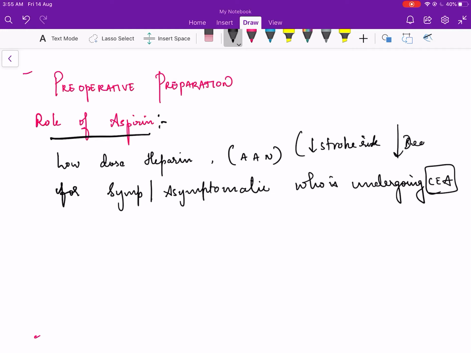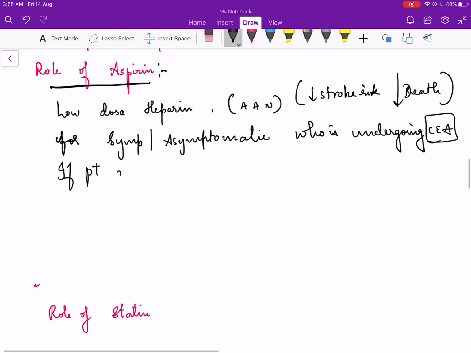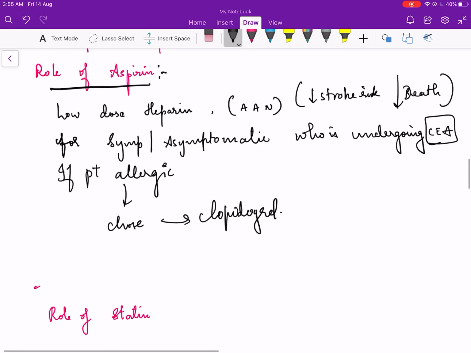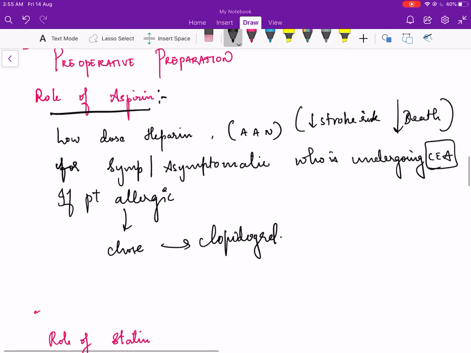If the patient is allergic, choose clopidogrel. There is another study of dual antiplatelet therapy, which has also shown proven benefits: using two antiplatelets, the patient's carotid stenosis progression will also be decreased.